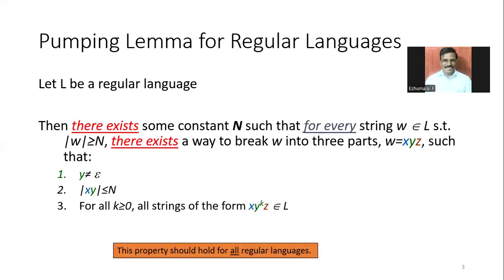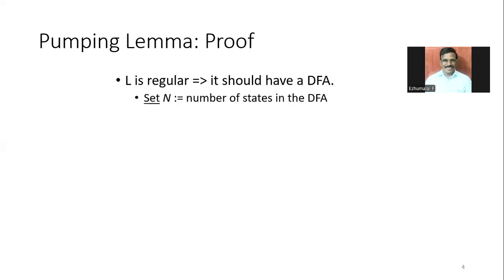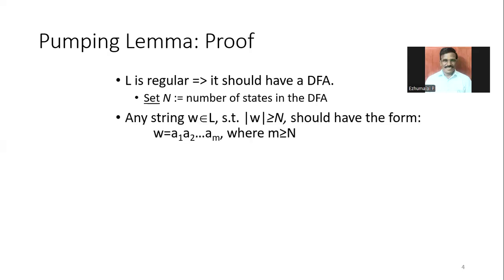Let us see an example. Let us assume that L is regular, so it has a DFA. Let n be the number of states in the DFA. Any string w belonging to the language with |w| greater than or equal to n has the form w = a1 a2 ... am, where m is greater than or equal to n.